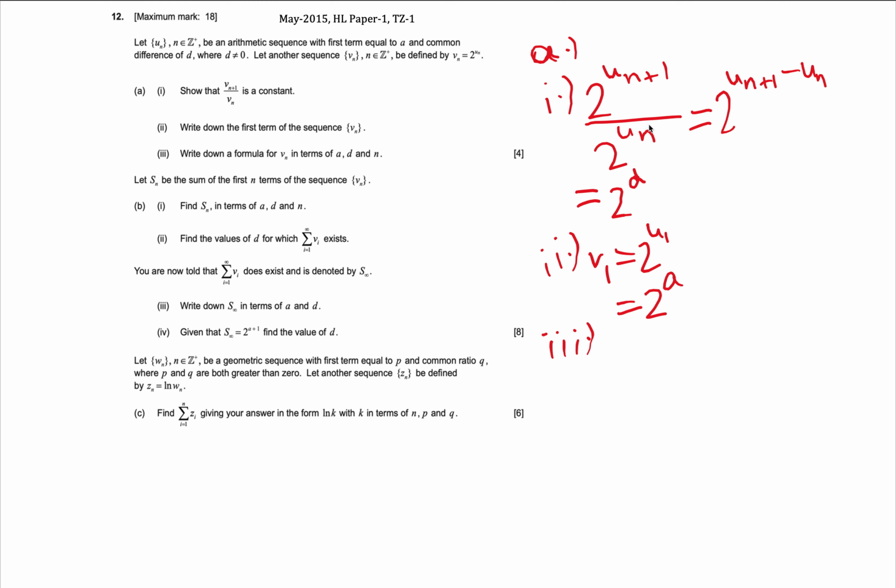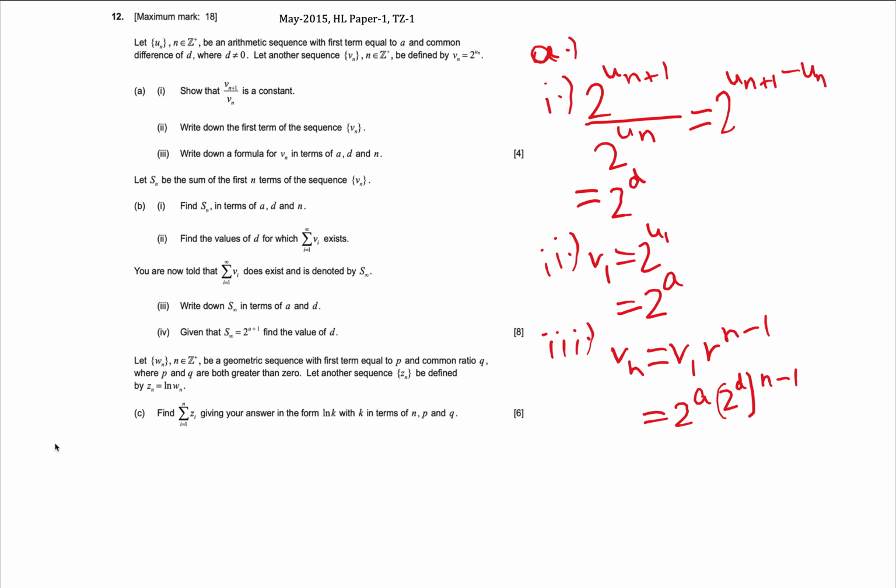So for the third part, vn is given by v1 times the common ratio to the power of n minus 1, and v1 is 2 to the power of a, the common ratio is 2 to the power of d, raised to the n minus 1. This is the answer to part 3.